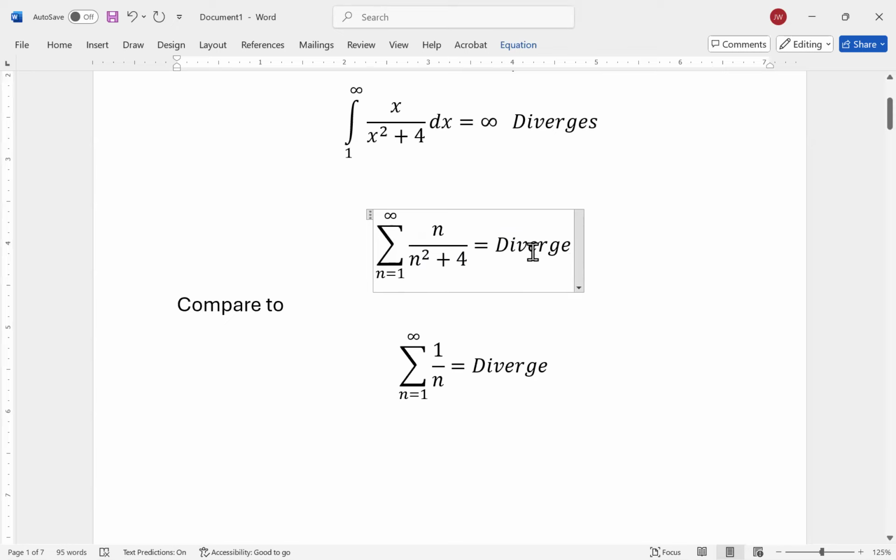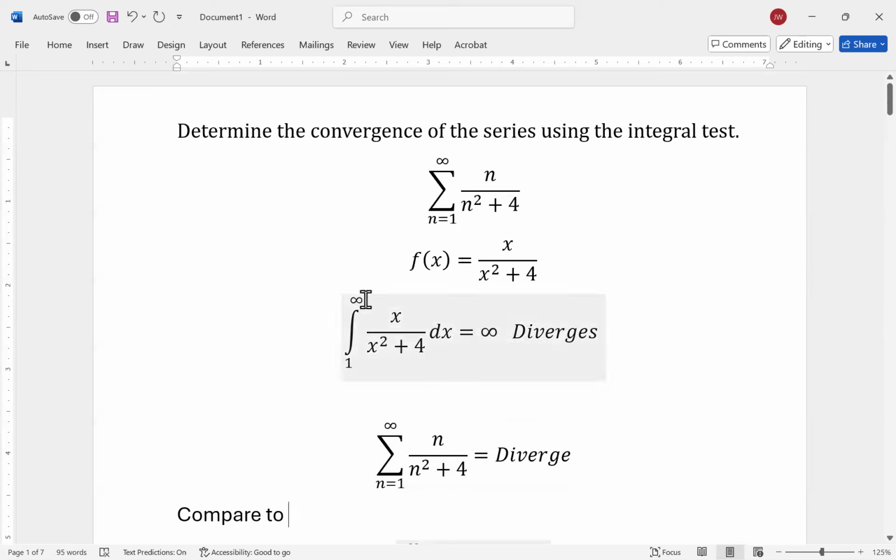So that's actually a very quick way to figure out divergence and convergence if my series can be easily limit compared to a series I already know. So if that happens, then the limit comparison test is really, really nice. And I don't have to do all of this integration.